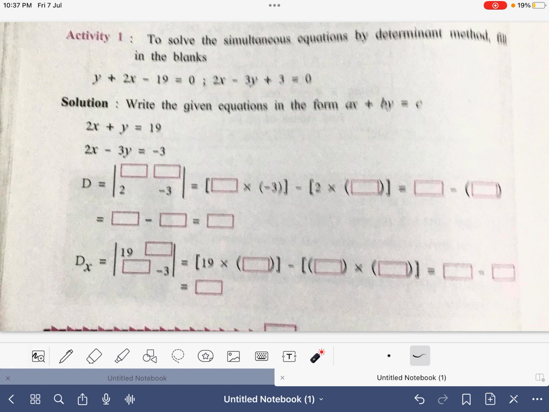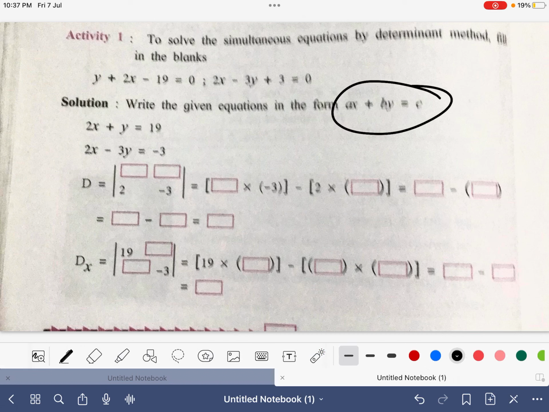Actually, you know that. The first and most important thing is that we have to compare this equation with ax plus by is equal to c, and this we call the standard form of an equation in two variables.